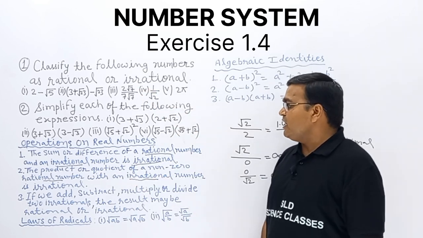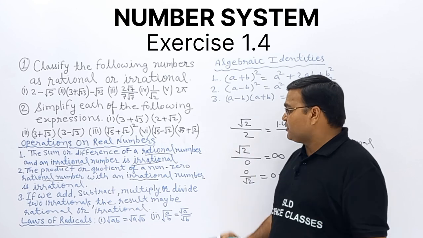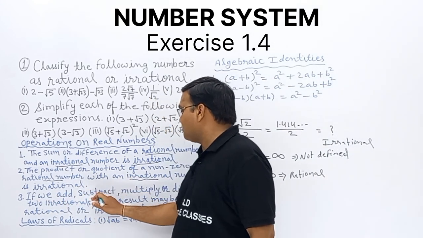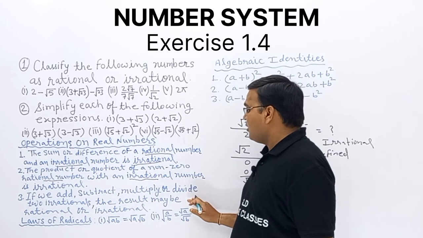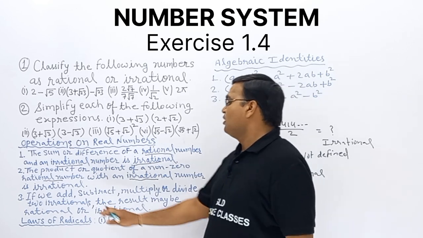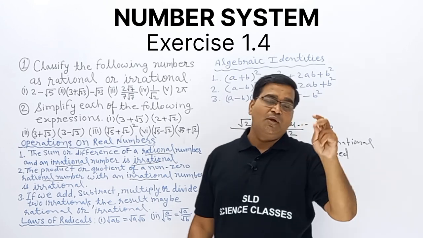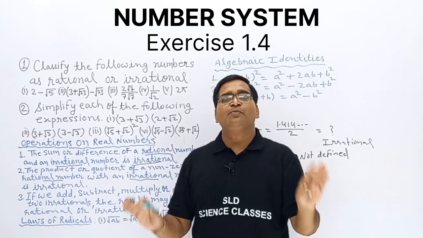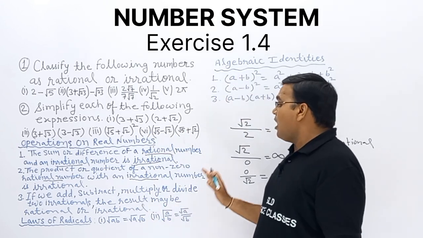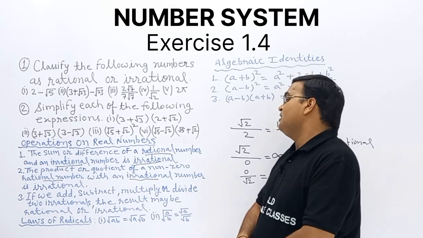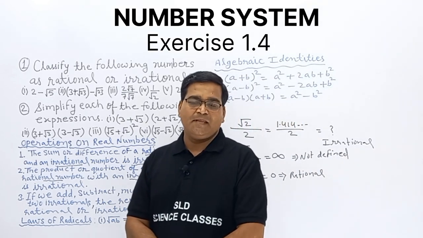Now the third one. If we add, subtract, multiply or divide two irrationals, the result may be rational or irrational.